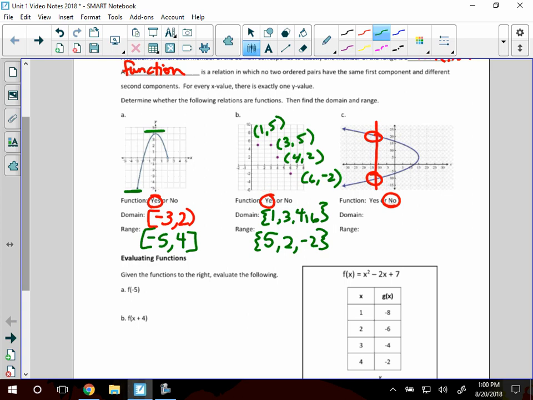All right, for C domain, that's all the possible x values. So that's going left to right. If you look going to the left, these arrows mean I'm going to the left forever. So on that side, we're going to -infinity. On the right, it's a little bit hard for me to read. 5, 10, 15.